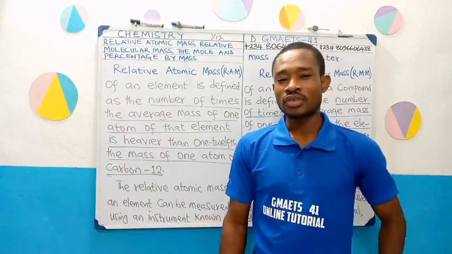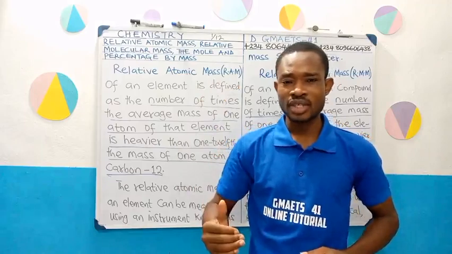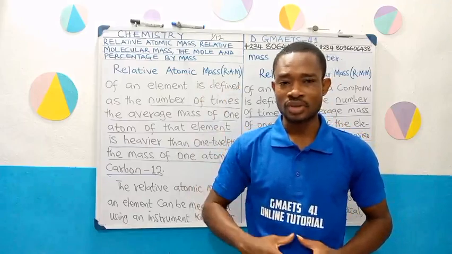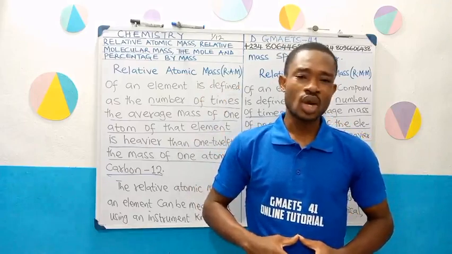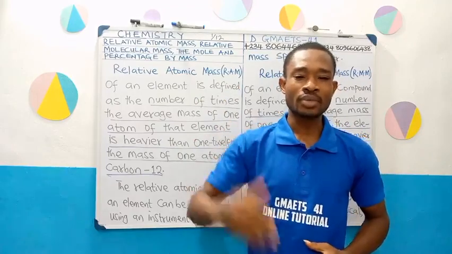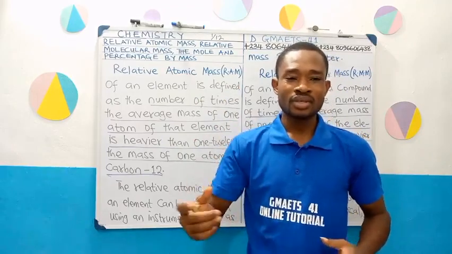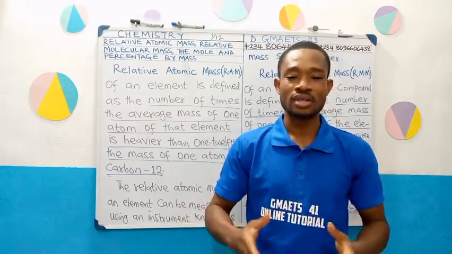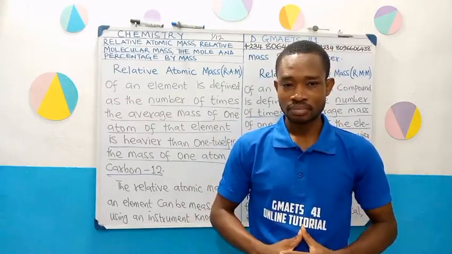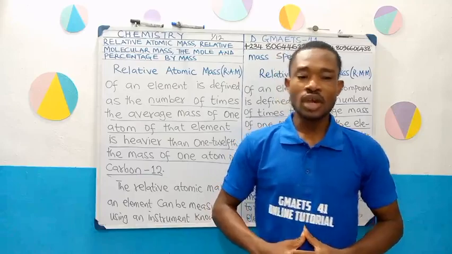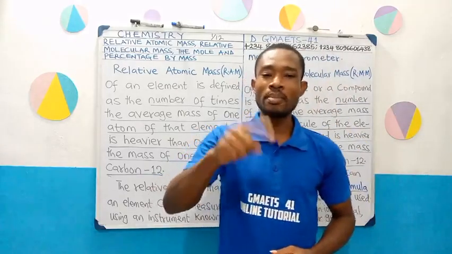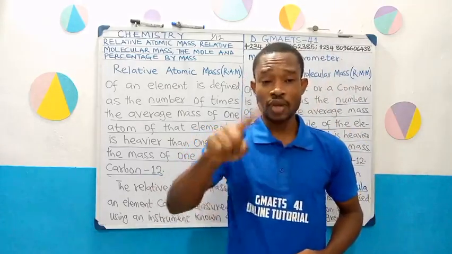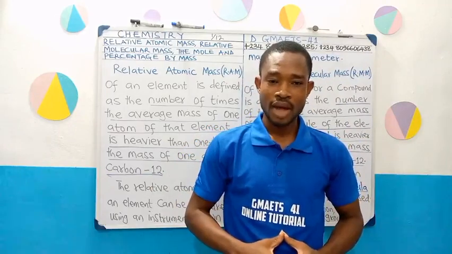Now, you would recall that we talked about the first 20 elements, their atomic numbers, and of course, what we call their mass numbers. Their mass numbers, the value is also the same as the relative atomic mass of the element. So, carbon-12, the mass of carbon is 12 grams. Alright?